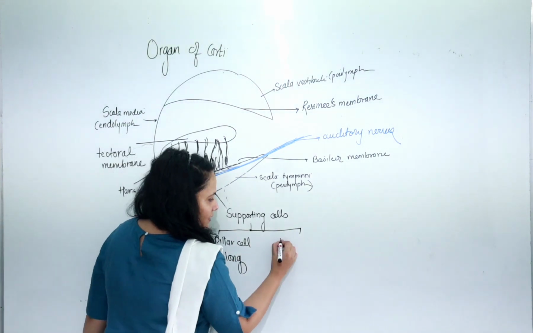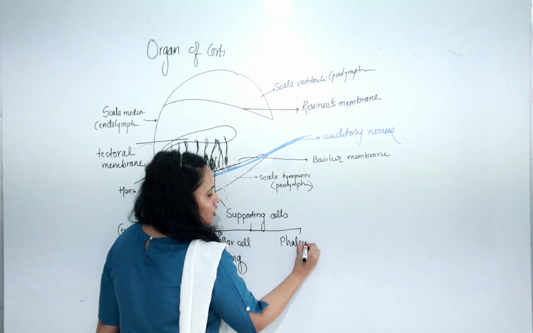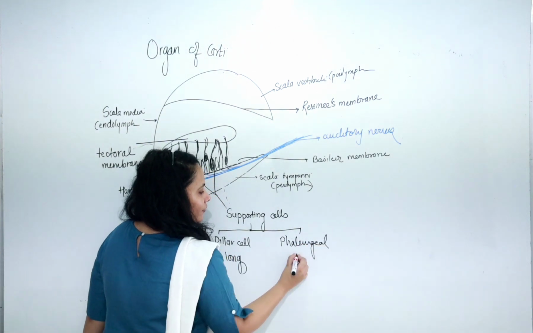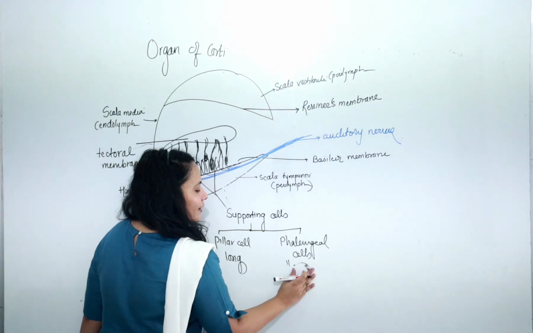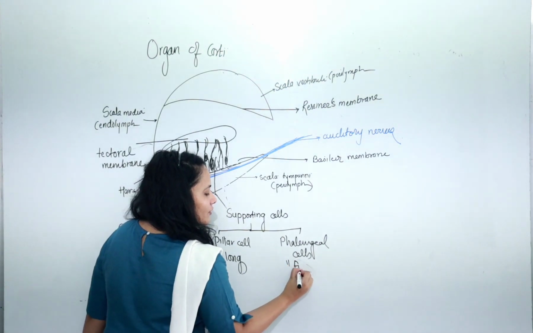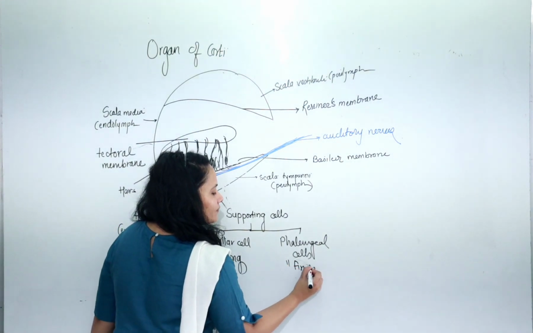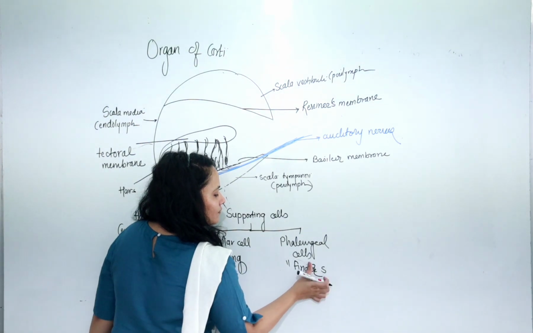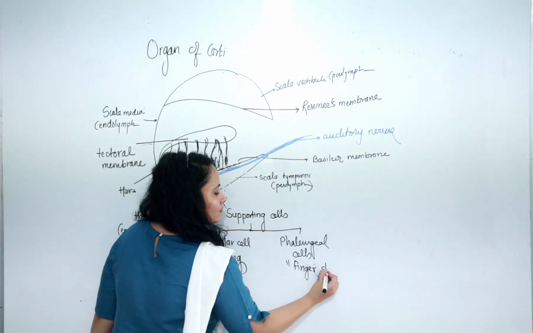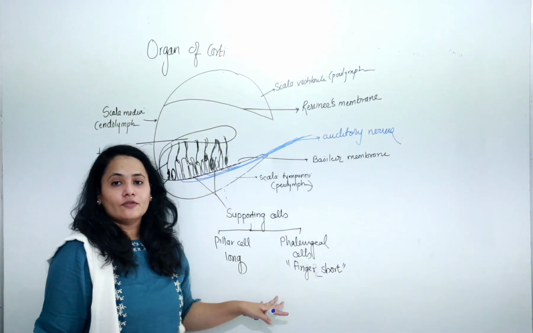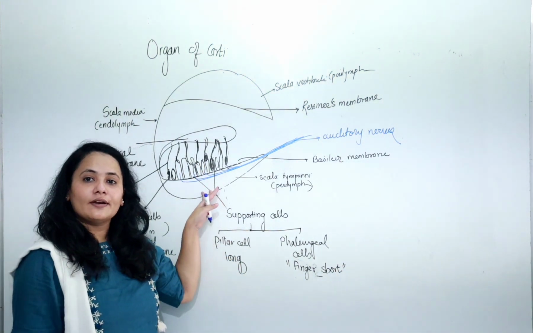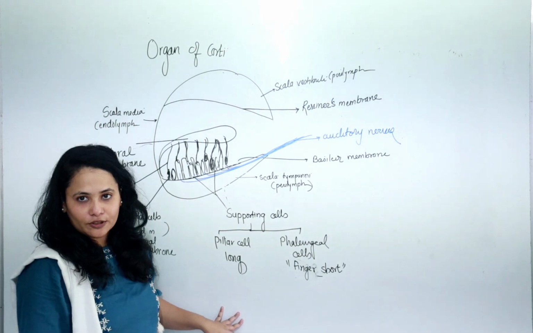Whereas the other cells are known as phalangeal cells, because they are like fingers, short. So these are the two kinds of supporting cells which support the hair cells present in the organ of Corti.